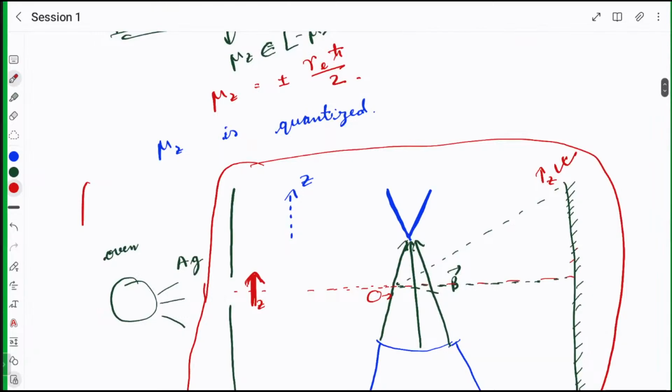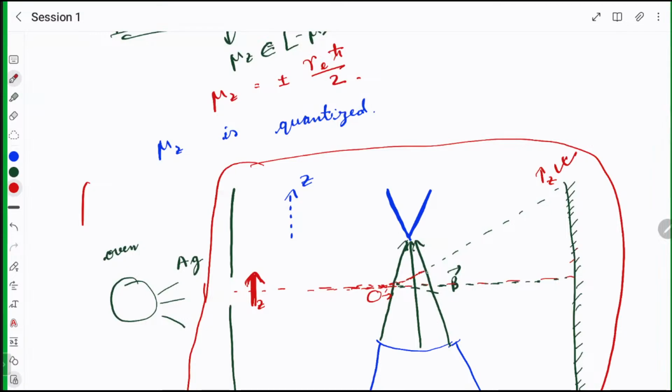Now let's say when it reaches the portion of the inhomogeneous field, let's assume what you are saying is true, that it was an upspin here. It will initially start experiencing a force in this direction, and then suppose somewhere in between it changed to downspin.